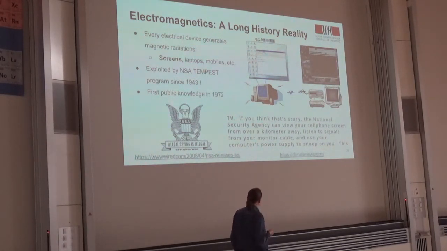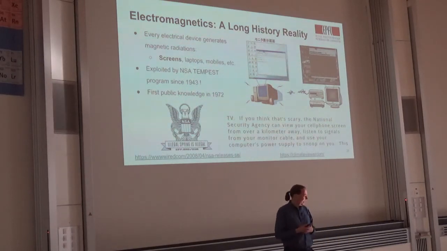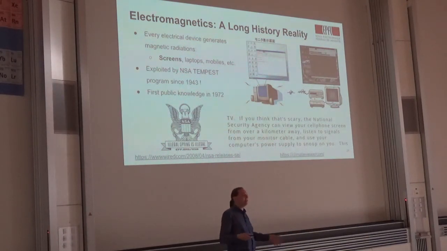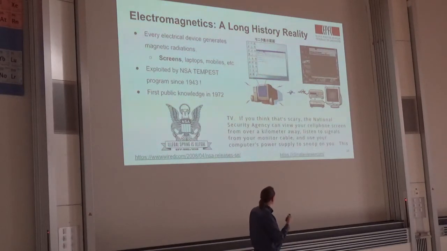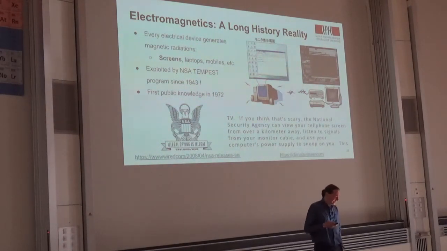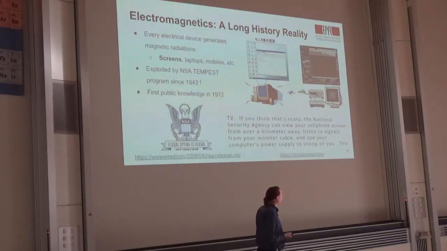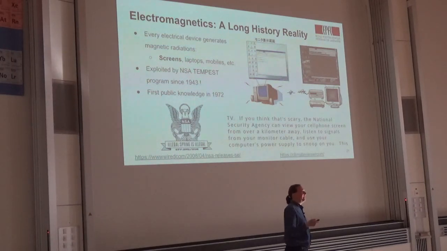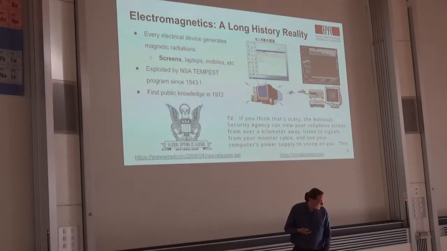Because of that, for decades it's been standard practice in US and presumably other defense circles to have rules that anywhere government classified, secret, or top secret information is stored or used, or anywhere you have meetings in which devices access this kind of data, tend to have to be Tempest shielded, with special coatings on the walls to minimize the amount of electromagnetic radiation that leaks through that could reveal these kinds of secrets.